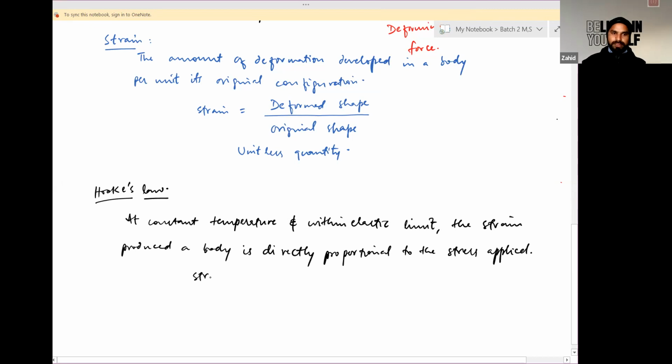So stress applied is directly proportional to strain produced.